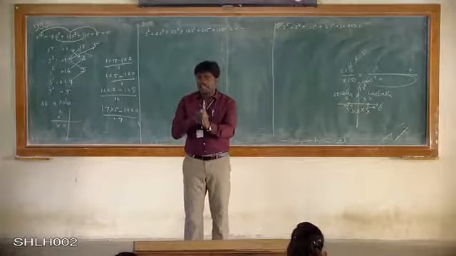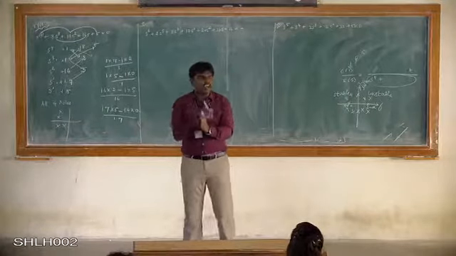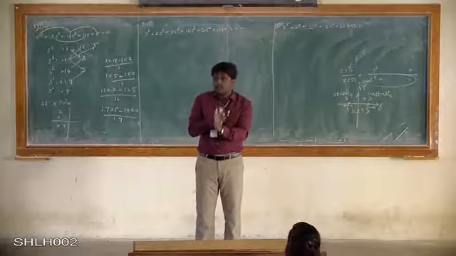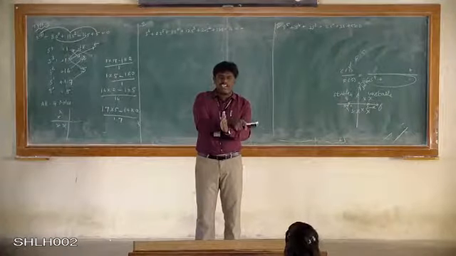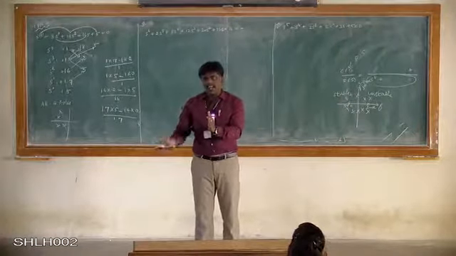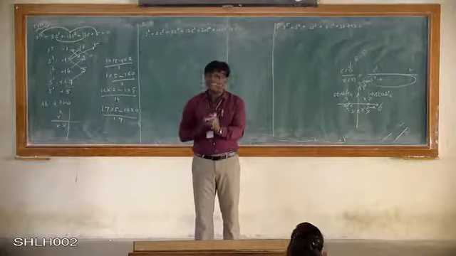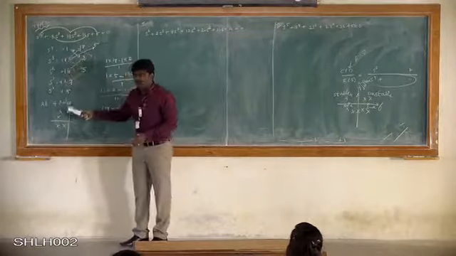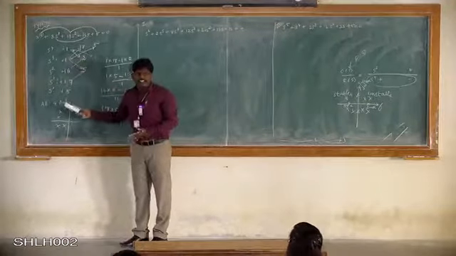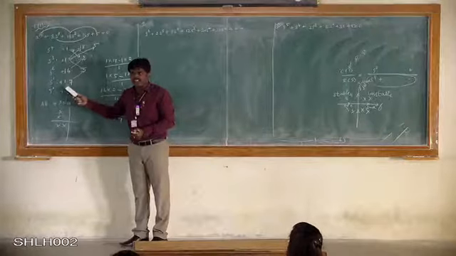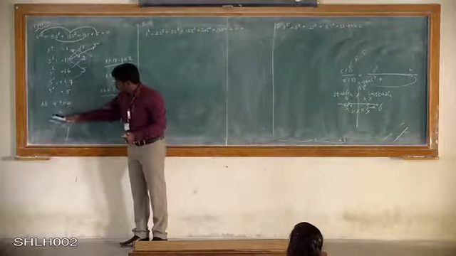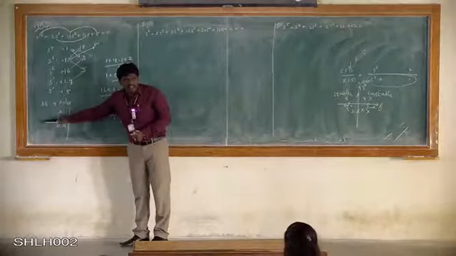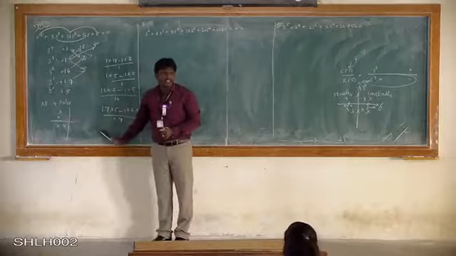We will have to say whether it is lying on the right side or left side. If the poles are lying on the left side, it is stable; on the right side, unstable; lying on the axis, it is marginally stable. Now here you have got all positive values, there are no sign changes, negative values are not there. So all the poles are lying on the left half of the S-plane, then the system is stable, right?